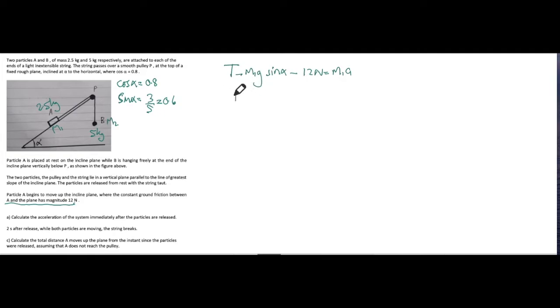So T minus 2.5 times 10 times 0.6, which is sine alpha, and then minus 12, is equal to 2.5a. So T minus 27 equals 2.5a.